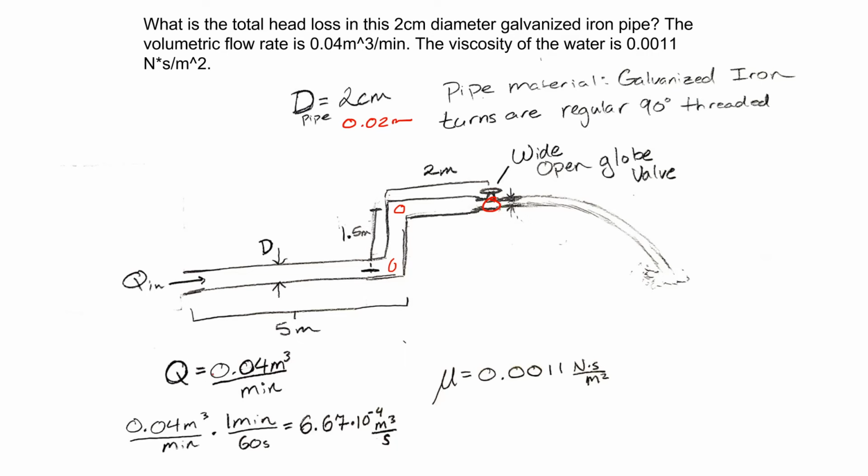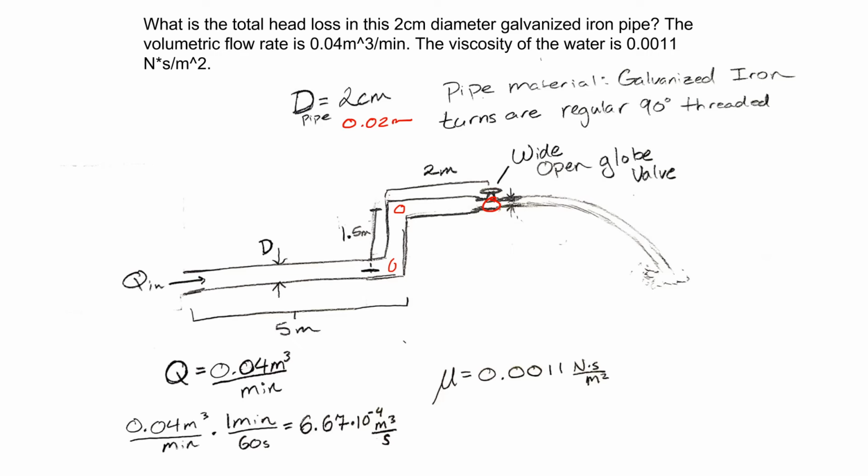Okay, first thing we're going to do is get this Q and convert it into meters cubed per second. That'll help us convert into velocity later. So we have 0.04 meters cubed per minute. We want that in meters cubed per second. So we do 0.04 over 60, which gives us 6.67 times 10 to the negative 4 meters cubed per second.